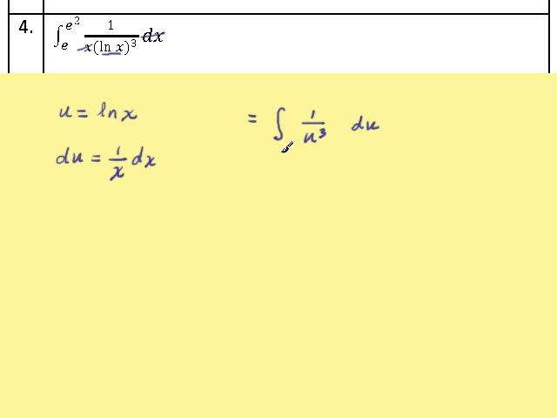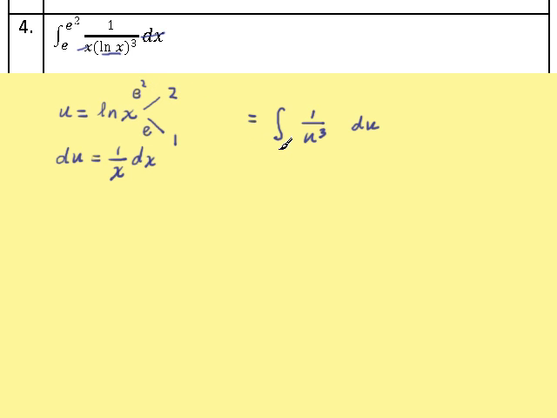Now, what about these x limits? Okay, we have to change those to u limits, so let's do that. So we're going to substitute e, and ln e is 1. And here we'll substitute e squared, and ln e squared is 2.